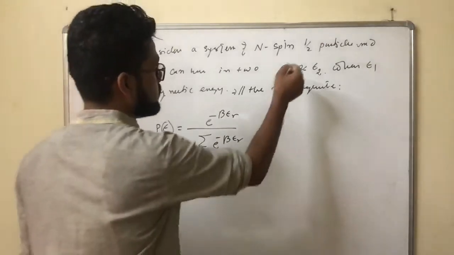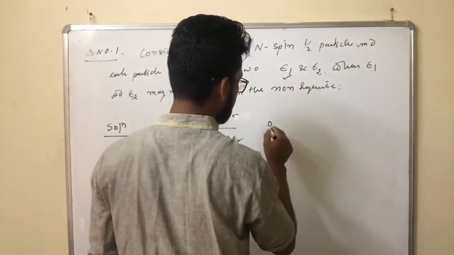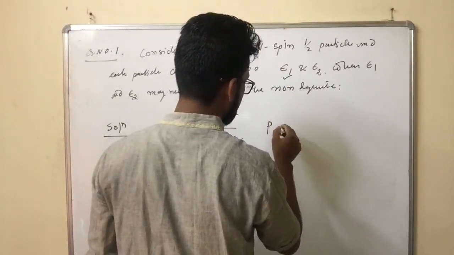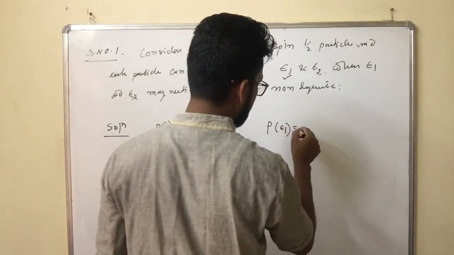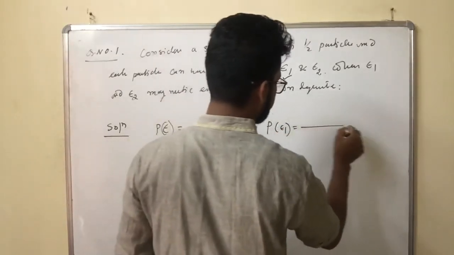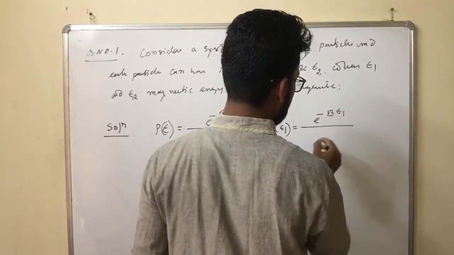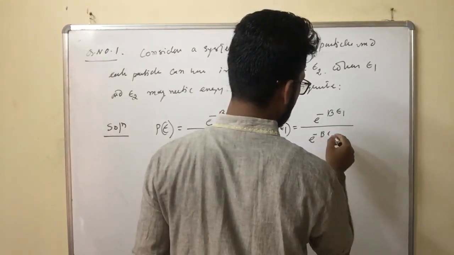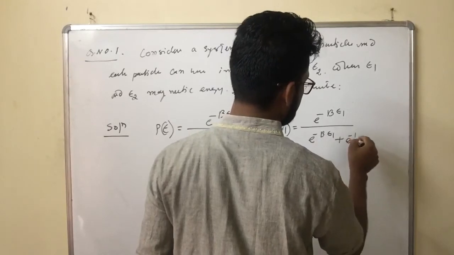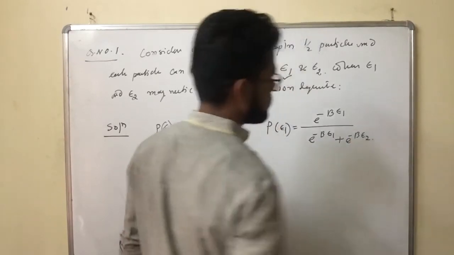First, the probability in the E1 state equals how much, according to this formula? It is e to the power minus beta E1 over e to the power minus beta E1 plus e to the power minus beta E2. This is the first probability.